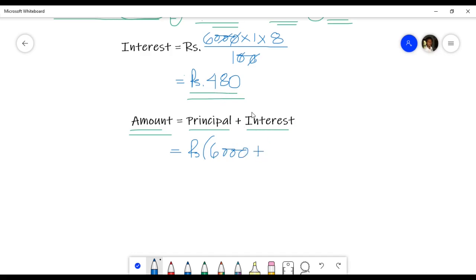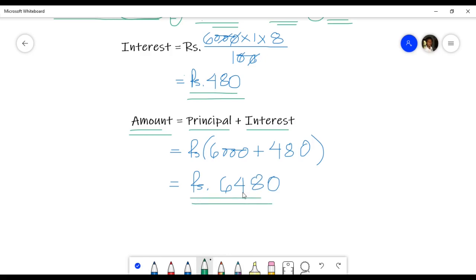Interest for the first year is 480, and when we add these two, principal plus interest, we get the amount at the end of the first year as rupees 6,480. So this is the amount that we have found at the end of the first year.